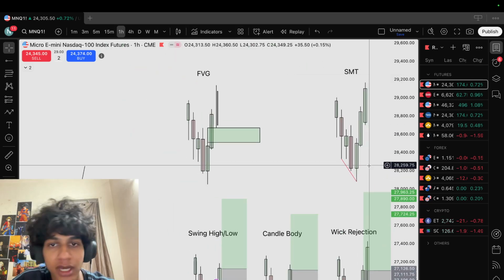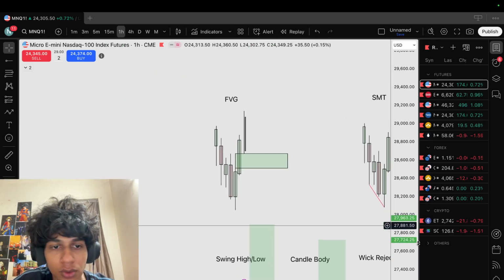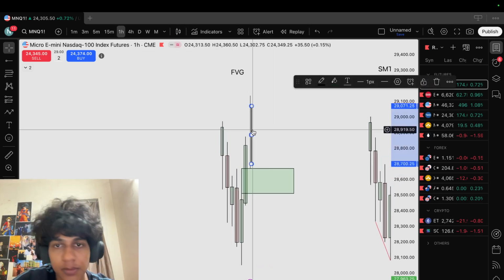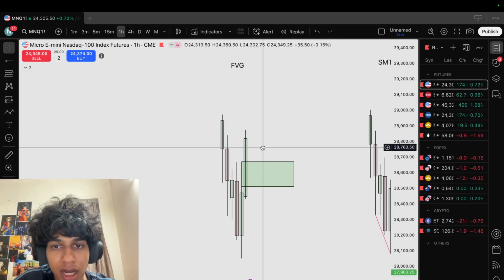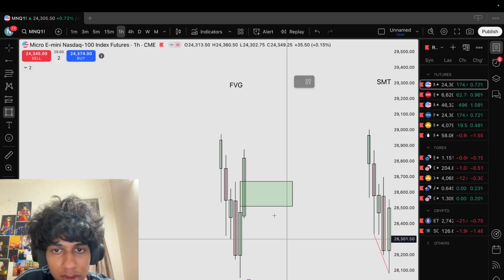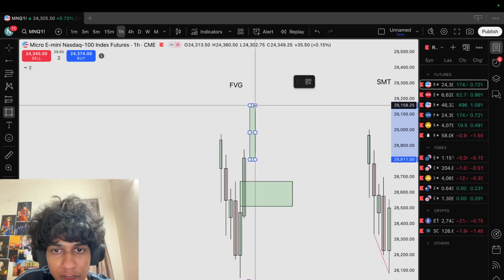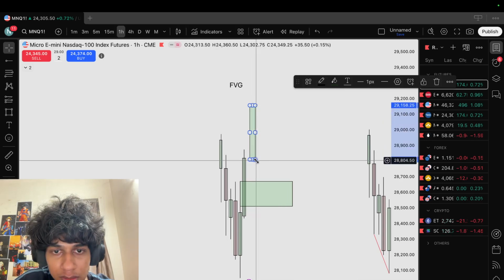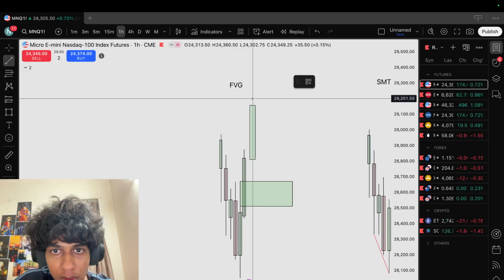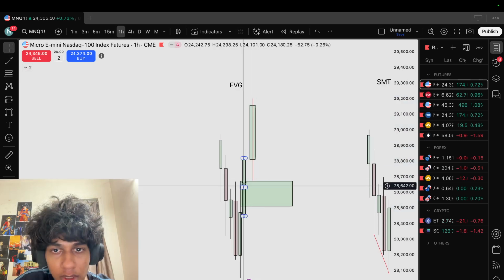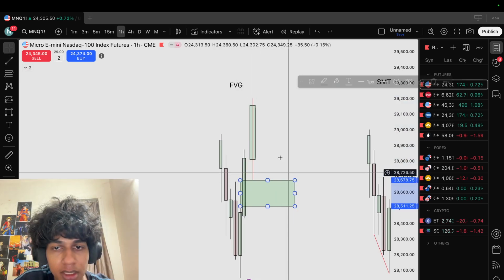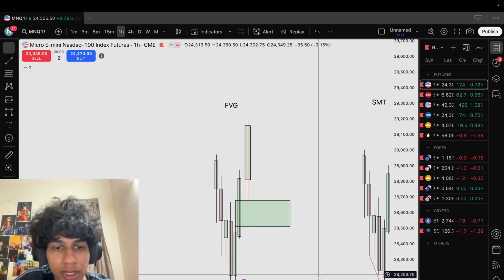After that, we have the fair value gap. Let me draw this properly. Okay, let's say you have this fair value gap and you want to enter longs.